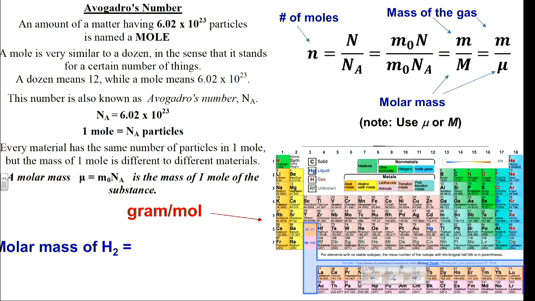You can read it there. And multiply by 2. 1 times 2. But what is the unit for this? If you use the periodic table directly, it's gram per mole. So 2 grams per mole. Or 2 times 10 to the negative 3rd kilograms per mole.